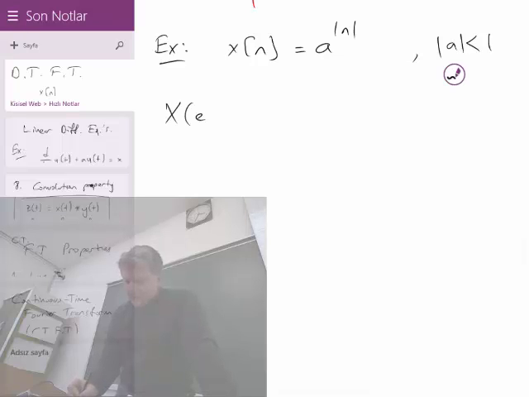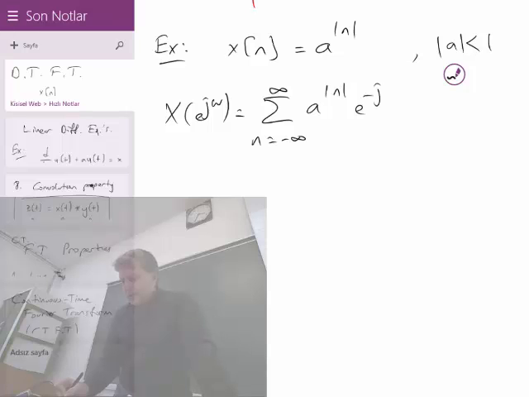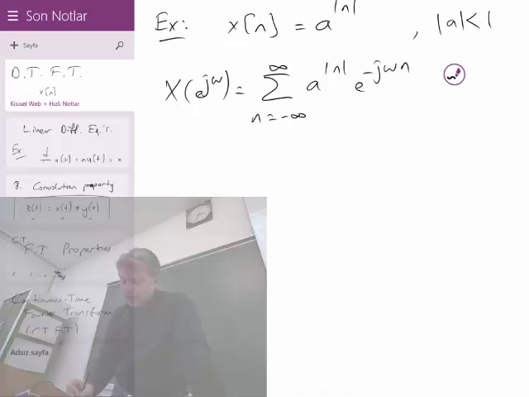The Fourier transform of it is with the formula sum over n from minus infinity to infinity of x of n, that is A to the absolute value of n, times e to the minus j omega n. There's nothing fancy about it. But because of this absolute value, we have to split this summation into two parts.